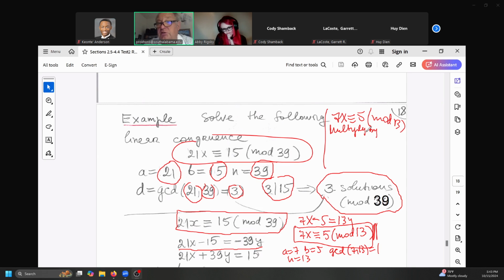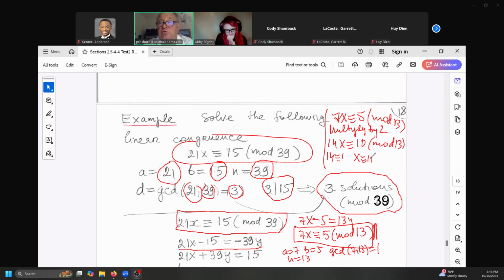Just check it. Like 0, we cannot use 0, we cannot use 1. No, what is the next value for multiplication? What can we use? Multiply by, say it. 2. Multiply by 2. And what will we get? 14x is congruent to 10 modulo 13. It's still 13, like we did before. But instead of 14, what can I write? 1. Okay.